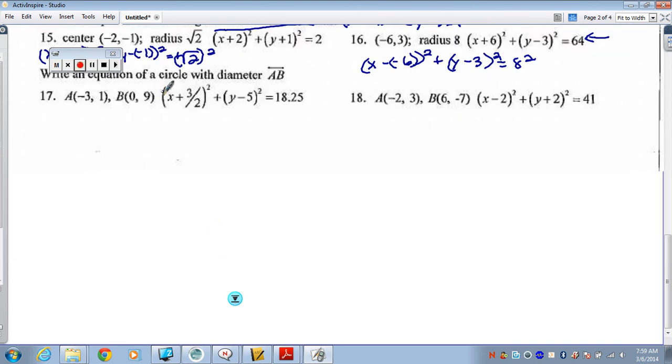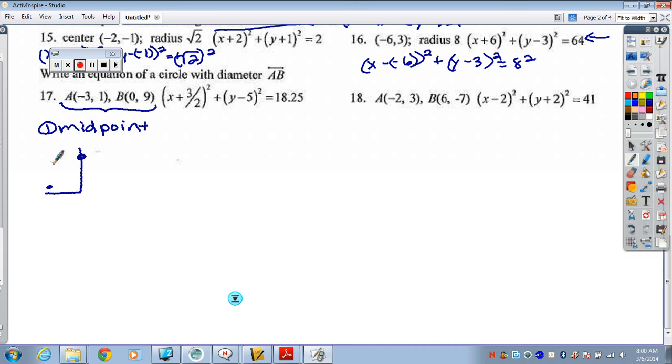Write an equation of a circle with diameter at these points right here. So first thing you need to do, 1, find the midpoint. I don't use the midpoint formula. I don't know how Mr. Kiley does it. In any case, 0, 9 is right here, and negative 3, 1 is right here. So I have a right triangle.